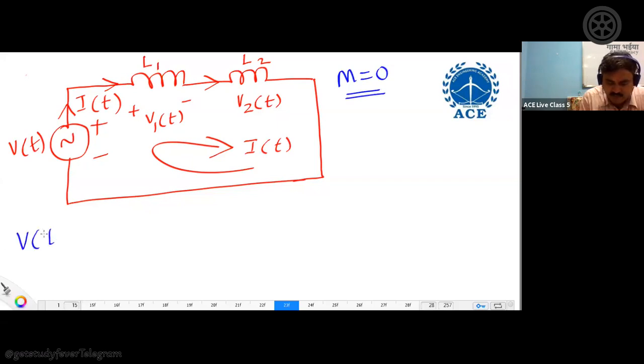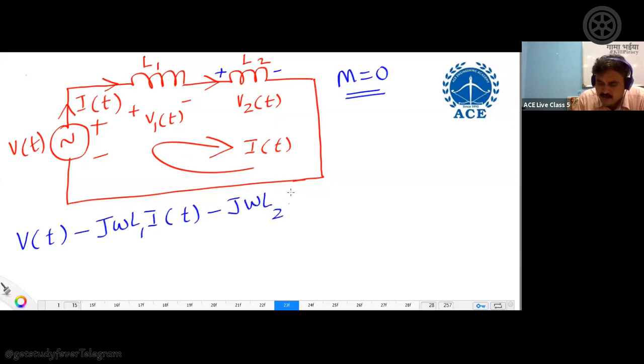Okay, now what is the mesh equation we can write here? V of t minus voltage on first inductor, which is impedance multiplied by current. What is impedance? j omega L1. Current is I of t. Again minus, this is plus minus, current flowing, treat them as passive. Impedance is j omega L2 into I of t, equal to 0.